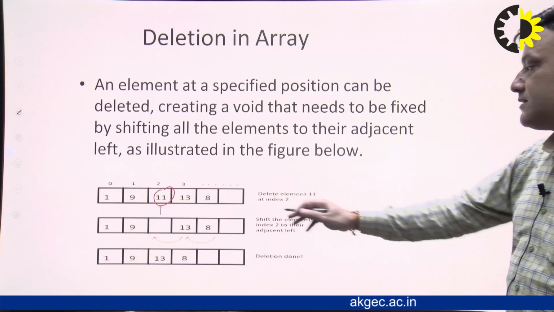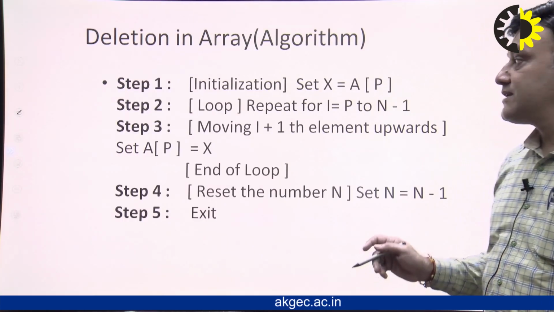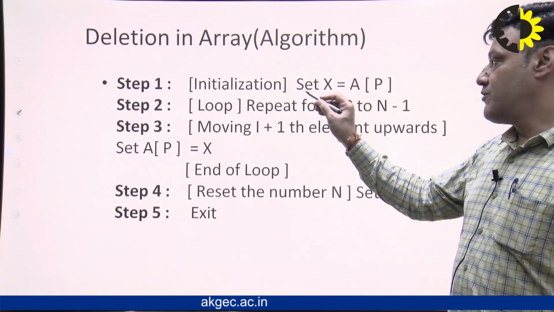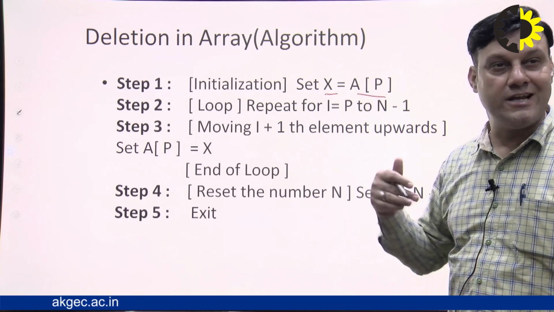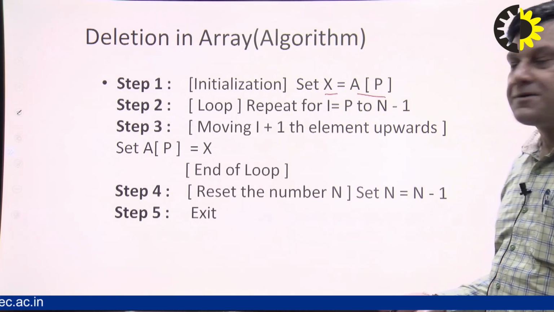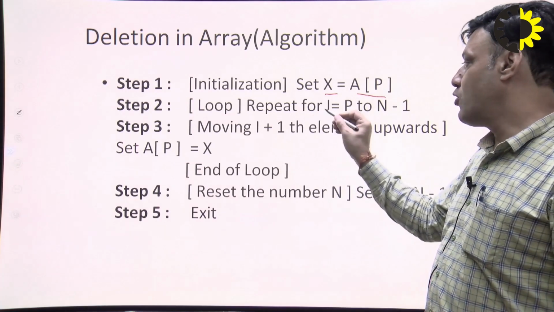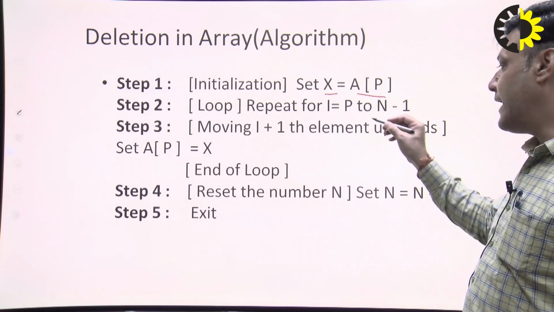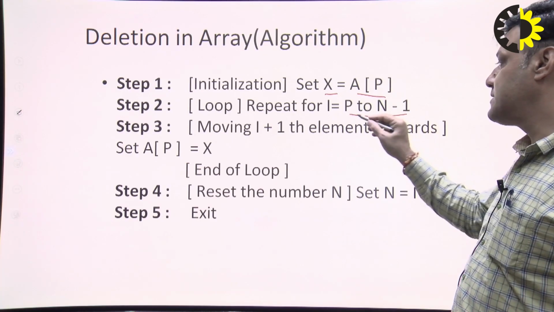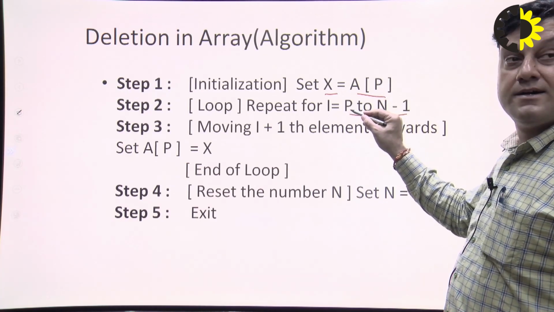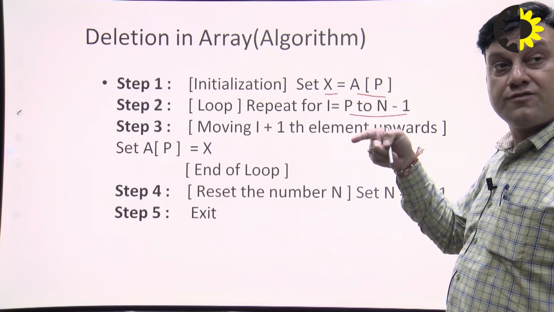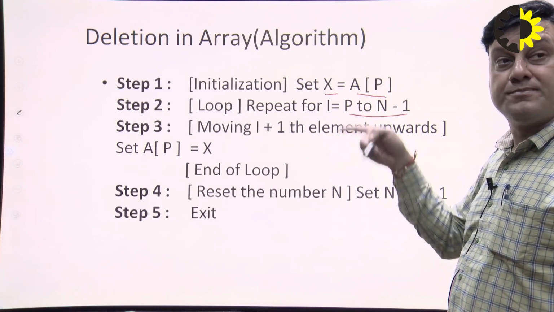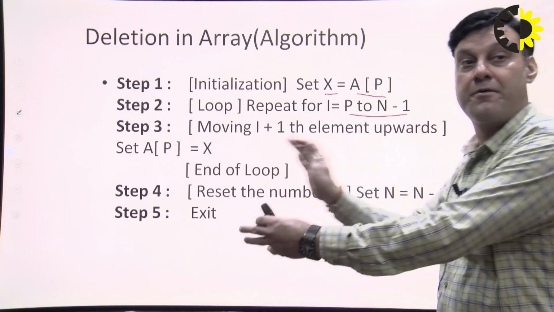Okay, students. So this is the algorithm. Just see. We will initialize x as A of p, which means the element we are going to delete. Okay? A for loop will take place, i is equal to p to n minus 1. The element on the position we are going to delete, from that position to n minus 1, shifting will take place.